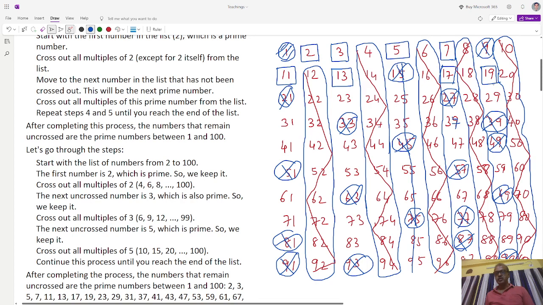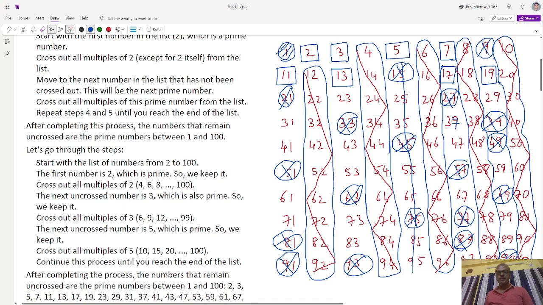Since it is not crossed out, the multiples of 19 are 38, 57, 76, 95. All are crossed out.